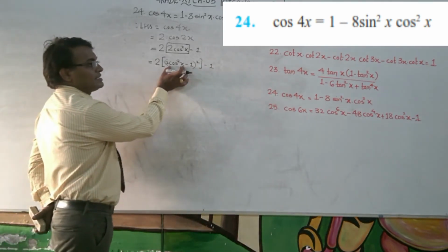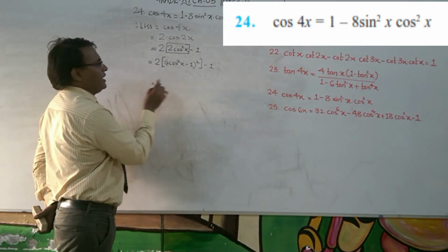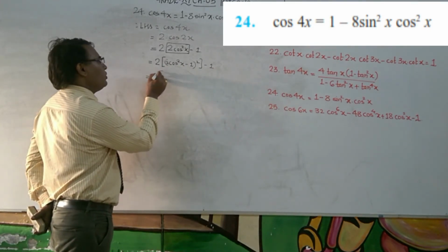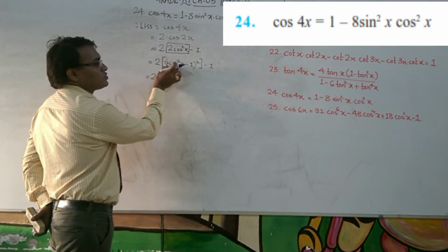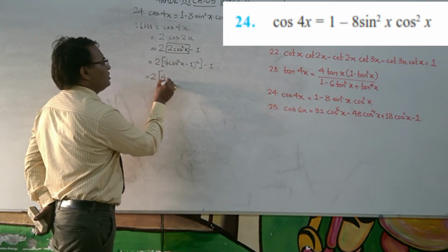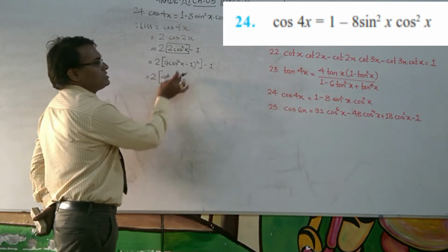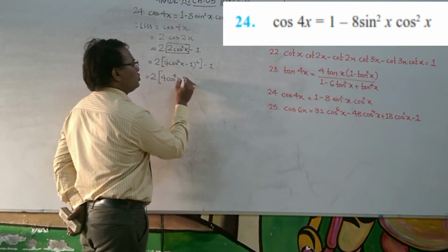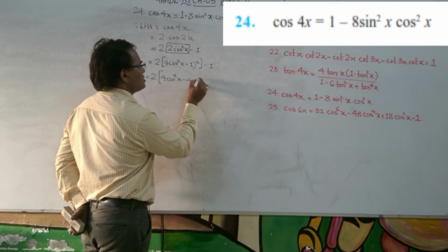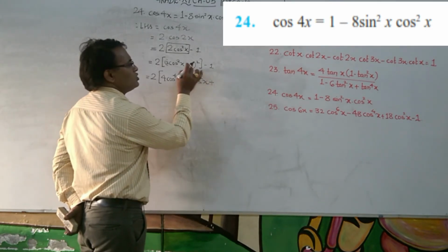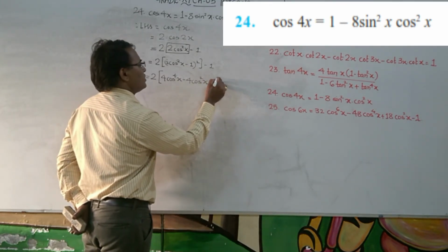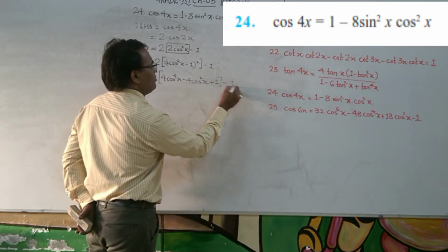Now since this is an a minus b bracket square, we can use the formula, so here the square of this will become 4 cos raised to 4x, then minus 2 into this number, that is 2 into 2, which is 4 cos square x, and then square of this, that is minus 1 square, which is plus 1, and then minus 1.